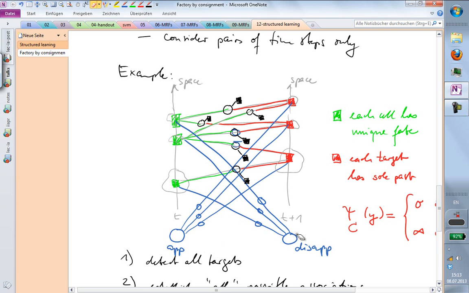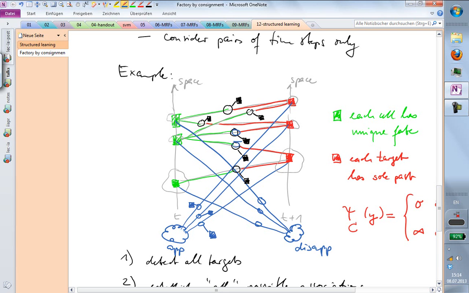And I should not draw a circle here, because a circle looks like this would be a new random variable, but the new random variables are only associated with these. Let me draw a cloud here, because these new random variables are only associated with these artificial associations. And they will also come with unary potentials.